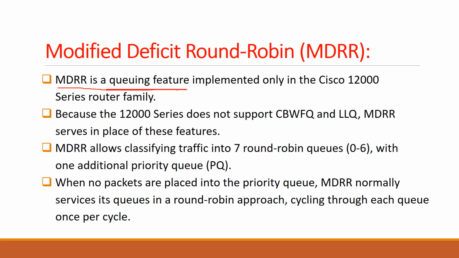It means a congestion management feature, implemented only in the Cisco 12000 series router family. Because the 12000 series doesn't support class-based weighted fair queuing and low latency queuing, MDRR serves in place of these features.